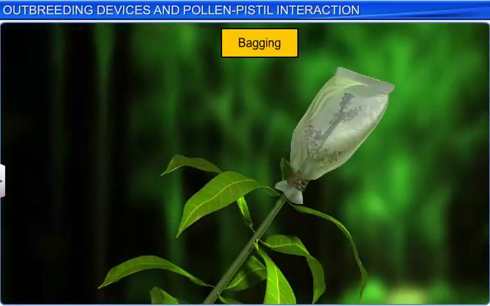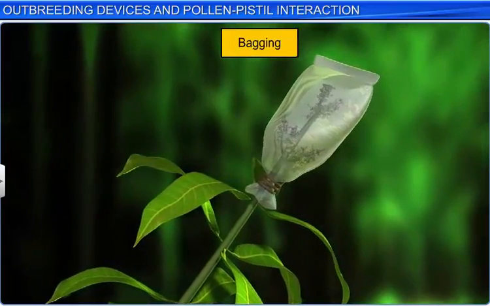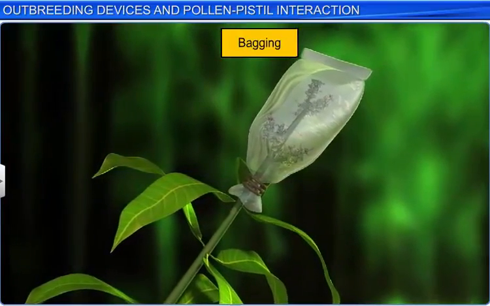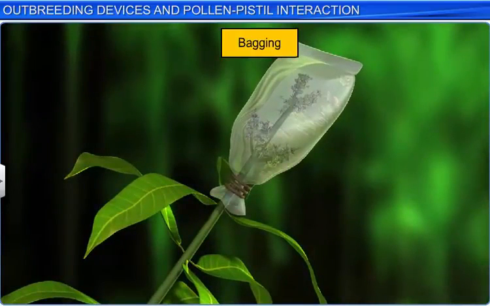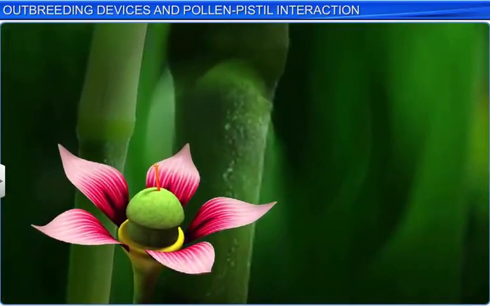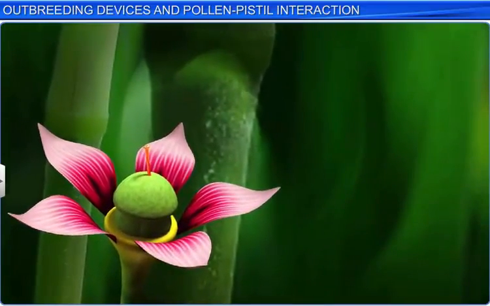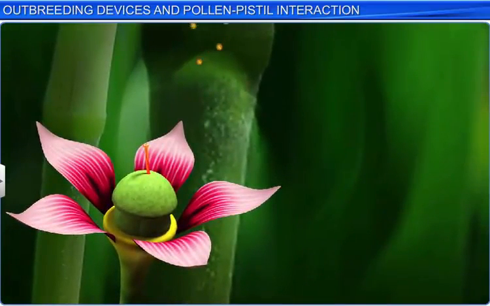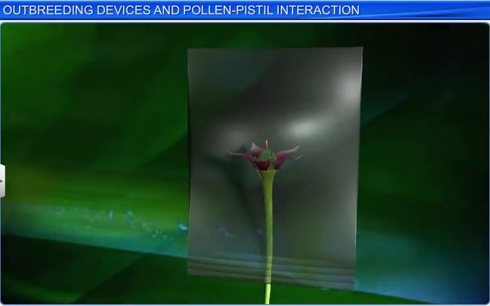Emasculation is followed by bagging, a technique where the emasculated flower is wrapped in a bag, usually made of butter paper, to prevent pollination by unwanted pollen. When the stigma of the bagged flower becomes receptive, it is dusted with mature pollen grains collected from the selected male parent. The flower is rebagged and left to produce fruits.